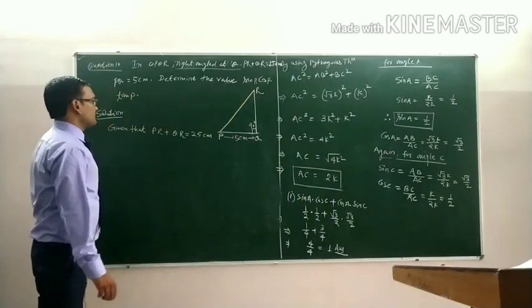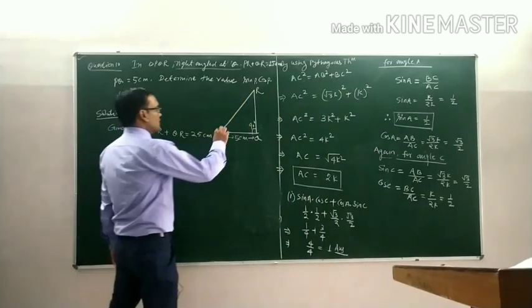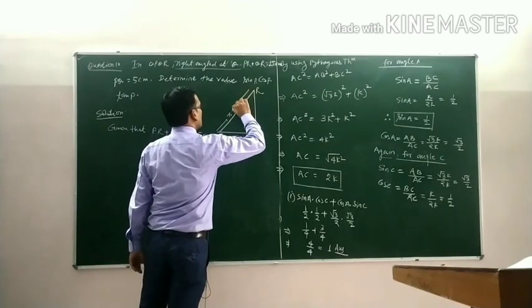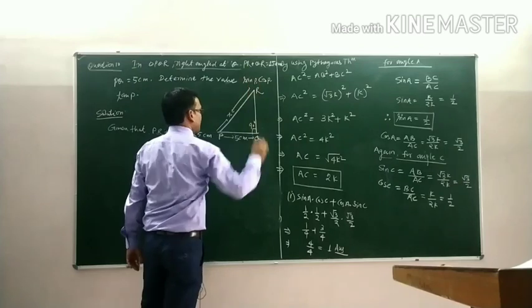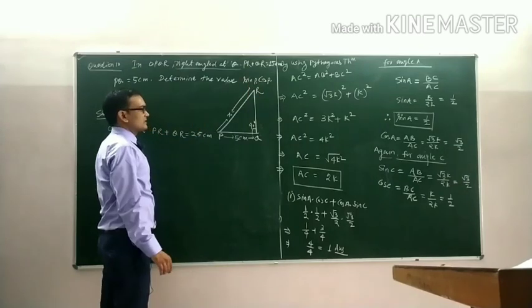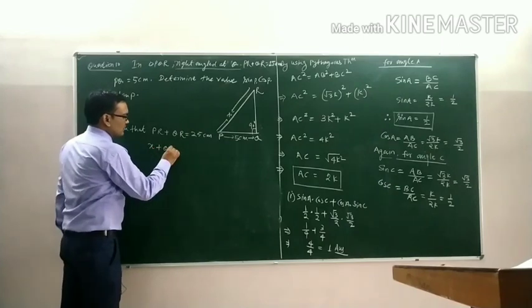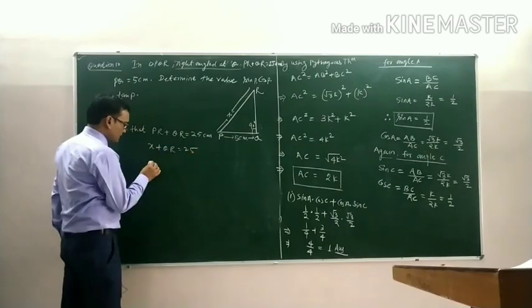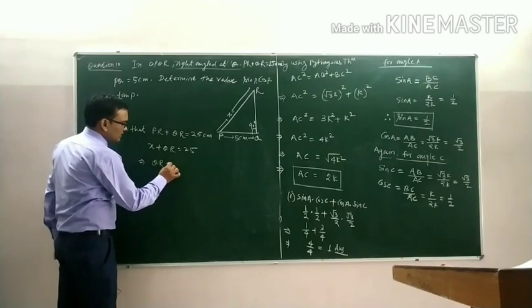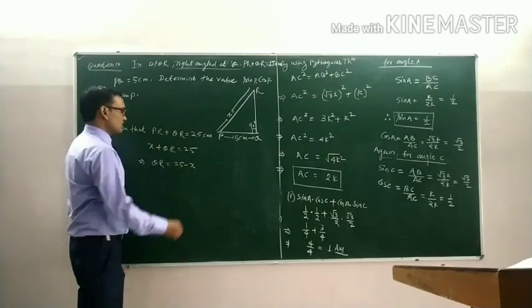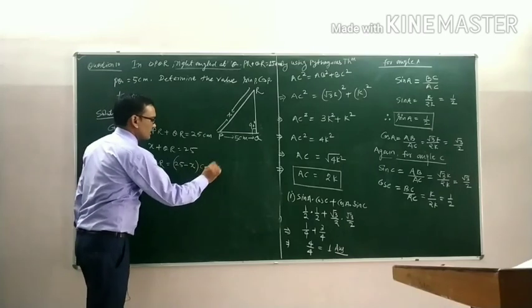Let us consider the value of PR equal to x centimeters, then QR is equal to 25 minus x centimeters.